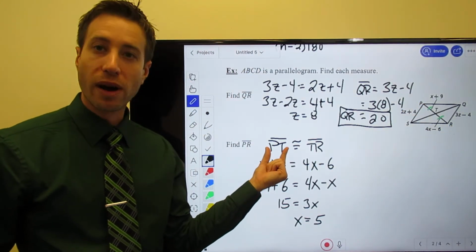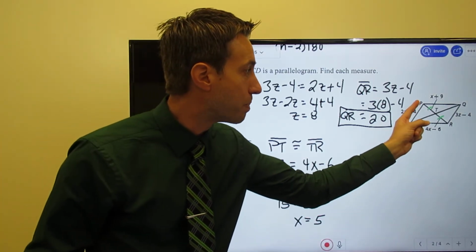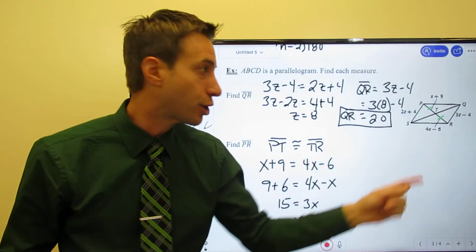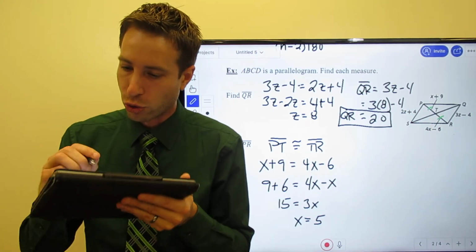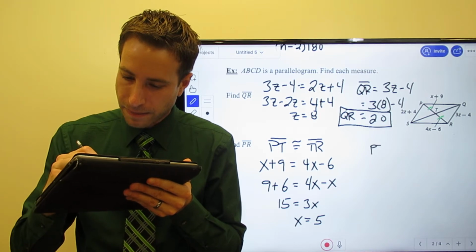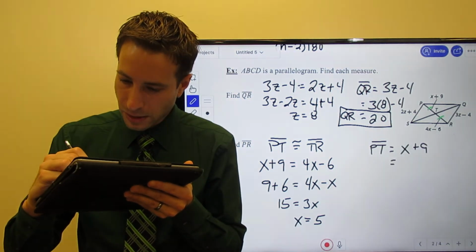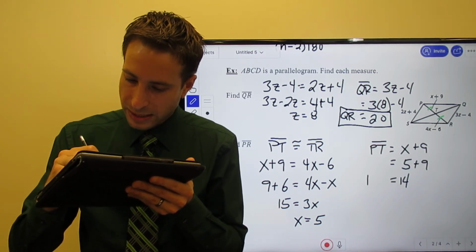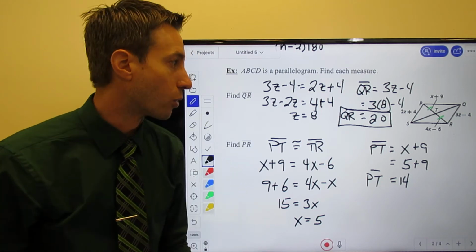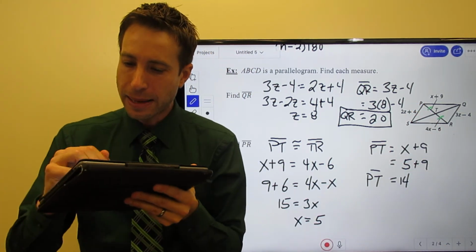Well, as long as I know one of the segments, since it's bisected, I'll just multiply it by 2. If I know PT, multiply it by 2 to find the entire length, because both segments are congruent. So we'll find PT, which is x plus 9, 5 plus 9, so that's 14. I know PT is equal to 14, which means the entire length would be 2 times that.